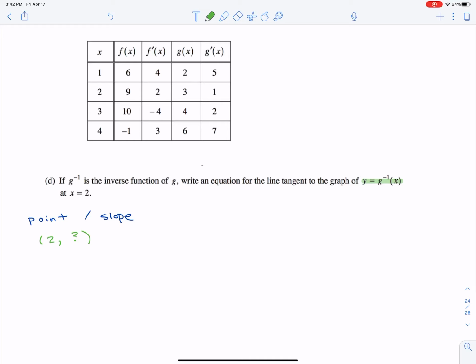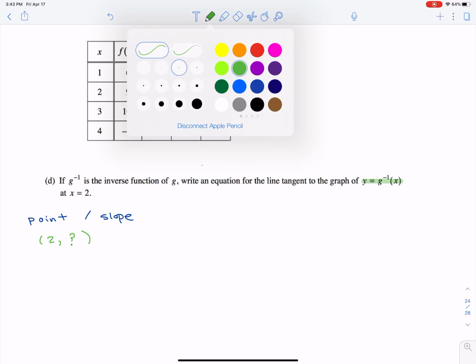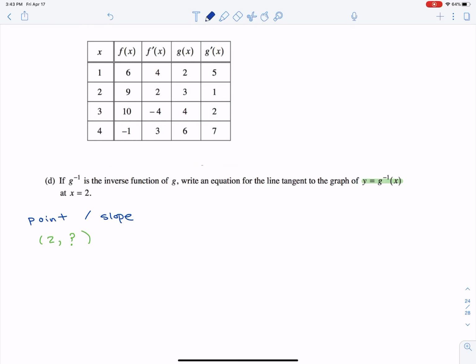Okay? So it passes through the point 2, question mark. Which means G, right? If I want to find out what that question mark is, I know that G itself, and I'll do this in purple, is going to pass through the point question mark, 2.